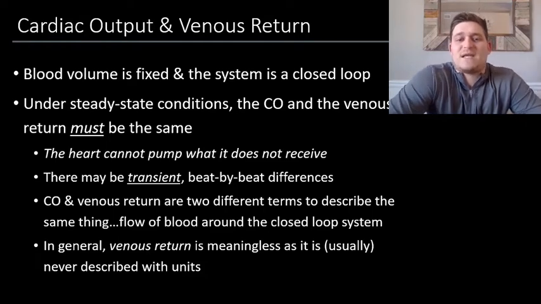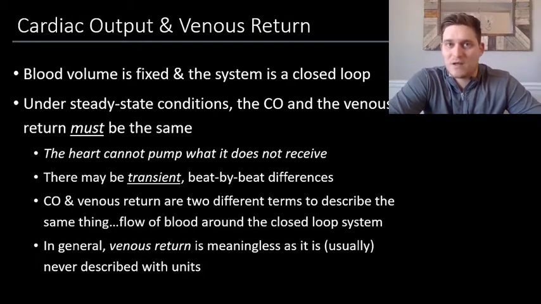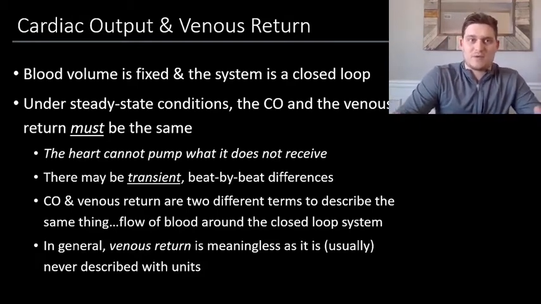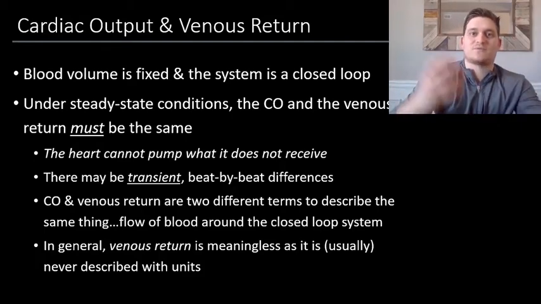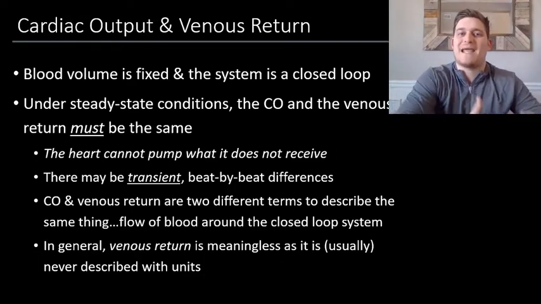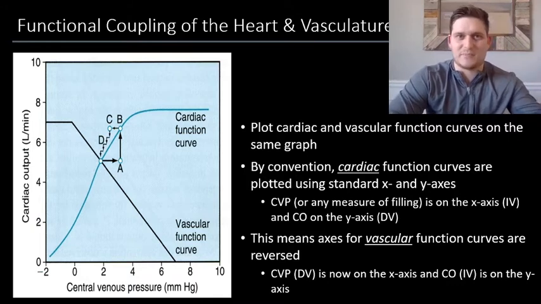So, when we say venous return, there typically isn't a value with a unit attached to it. And so to describe this relationship, we typically will assess cardiac output and its relationship with central venous pressure or right atrial pressure. We've talked about this relationship in the past couple of videos, right?